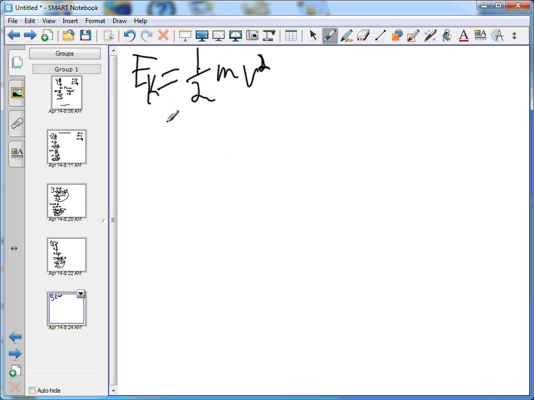So we know that it's mass, mass is measured in kilograms, velocity is measured in meters per second. Now that is squared, right? It's the velocity squared. So we get kilograms. And when you square something like this, you got to square both numbers.